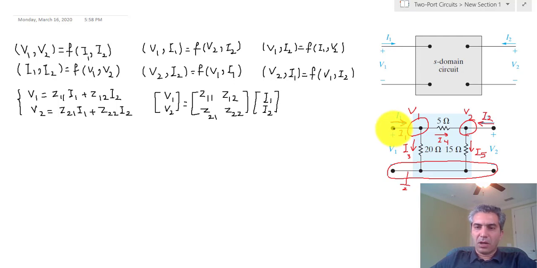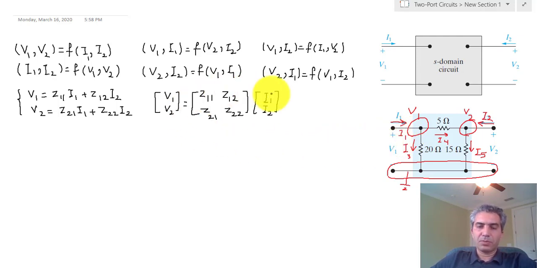This is really not the case. This port is assumed to be connected to a different component, and the same with the port right there, and therefore this current is actually the current of that component that the two-port circuit is connected to, and we need to take that into account because we are making the assumption that these are actually connected, even though it looks like it's not connected.